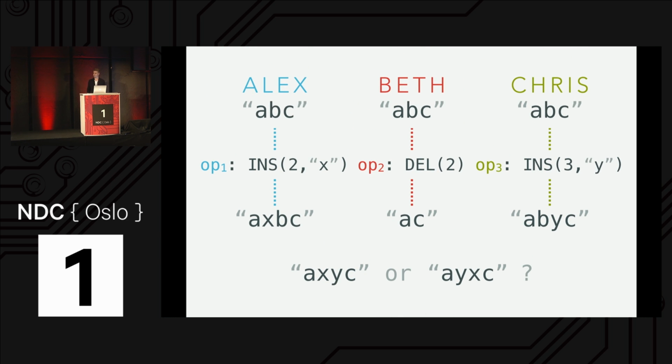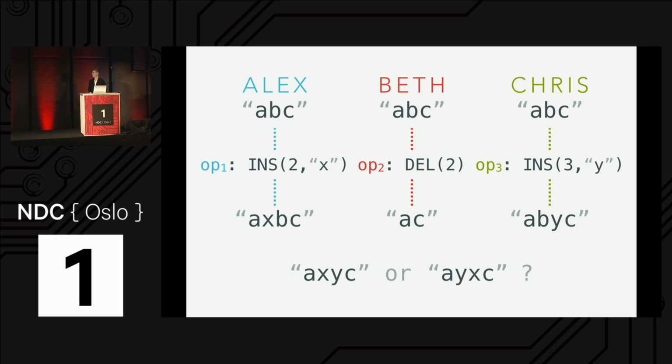We kind of get a quantum jump when we get to TP2. TP2 is essentially a problem that says when you have 3 or more people collaborating, how do you deal with this? So this particular problem says, what would happen if you had Alex, Beth, and Chris collaborating on the same document, and Alex and Chris insert letters around the middle of the string, and Beth decides to remove that middle letter, which is sort of like a pivot, a reference point for Alex and Chris's operations.